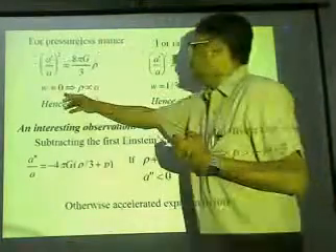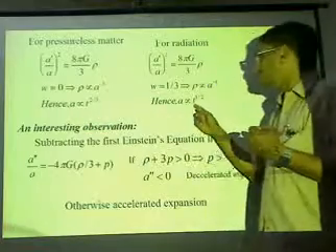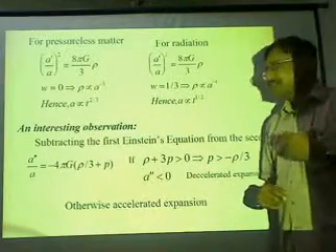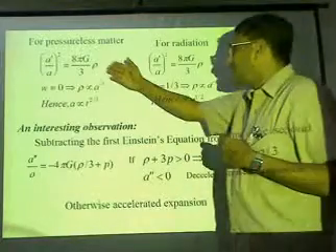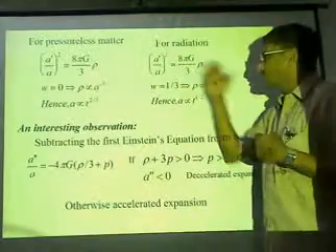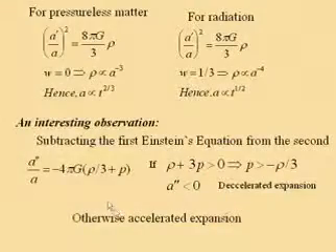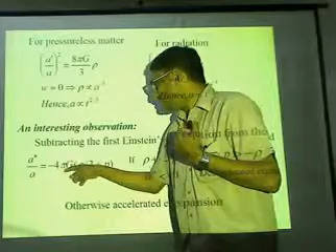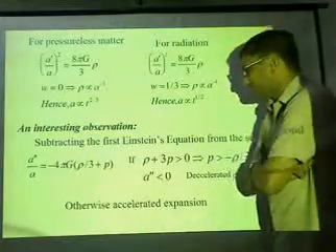So I see that depending on my equation of state parameter, the evolution of the universe is different. Here there is an interesting observation. If I subtract this equation from this equation, I arrive at this, and I get A double dot by A equal to minus 4 pi G times (rho plus 3P) by 3.